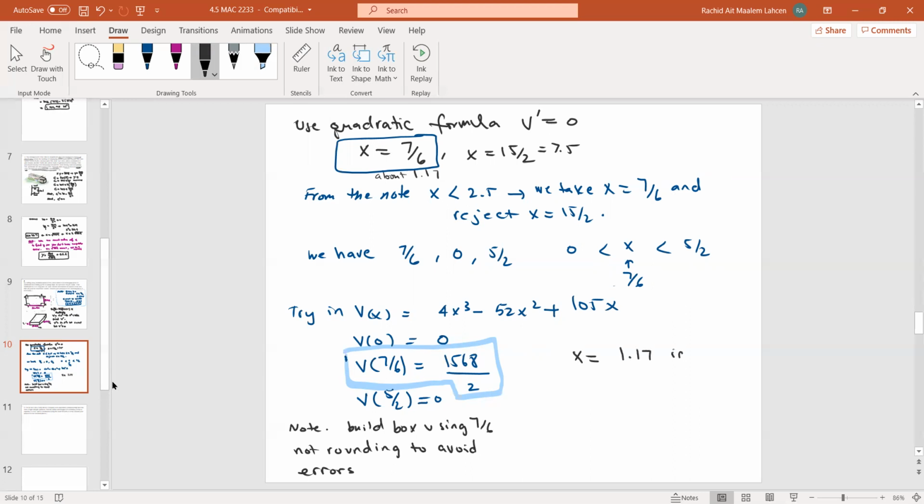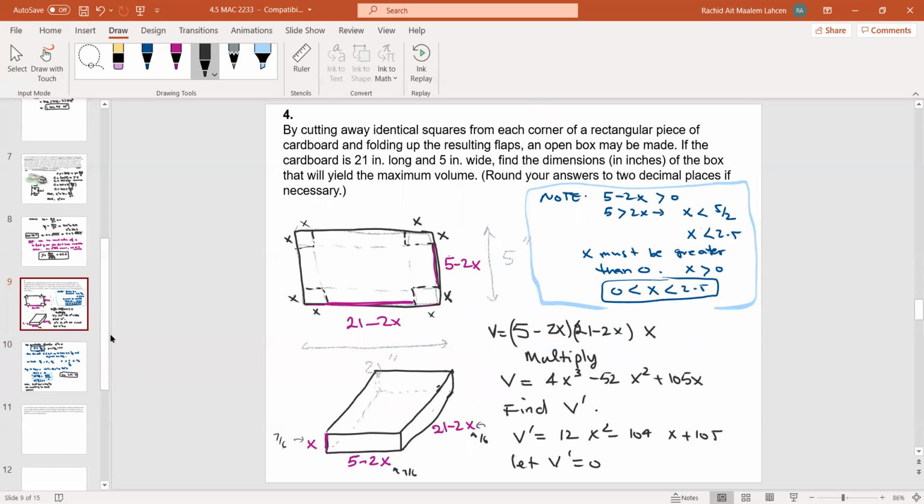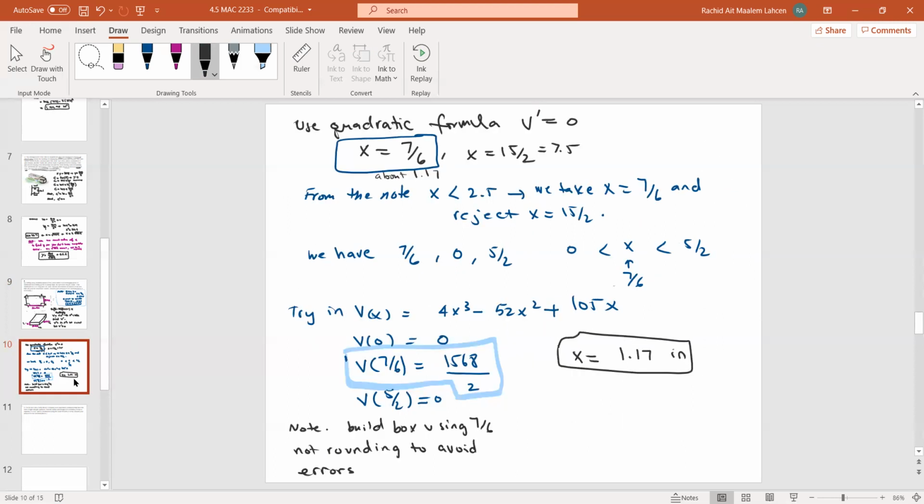And if you do that, the first x with 7/6 is going to be, with the request to round, this, but we're not going to use 1.17 in these other ones, 5 minus 2x and 21 minus 2x. We're going to use 7/6. So the other dimension is 5 minus 2 times 7/6, and that's going to be 2.67 inch.